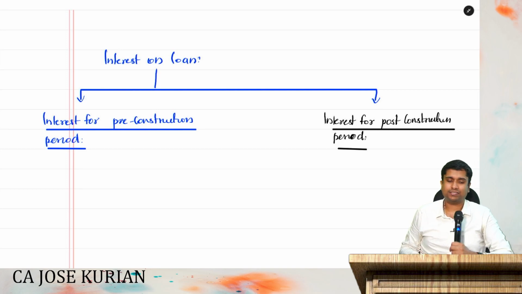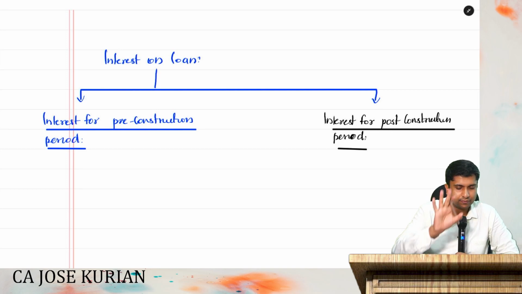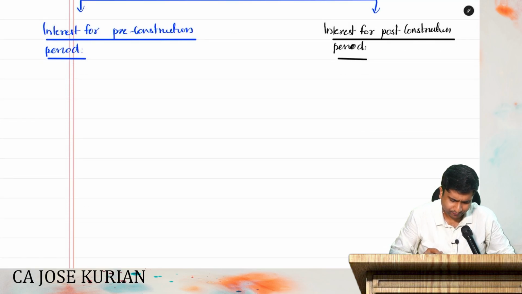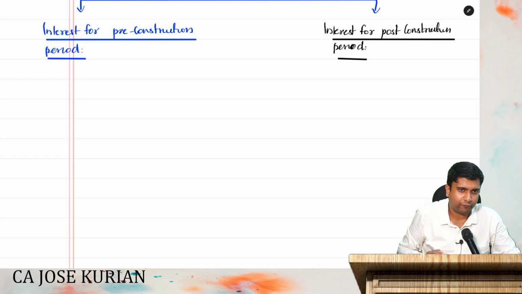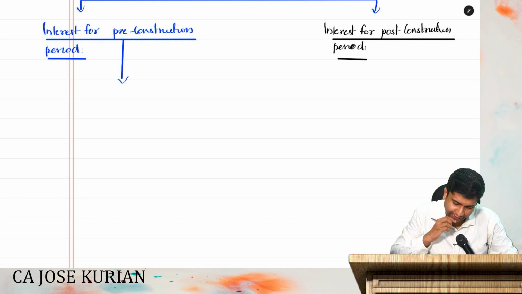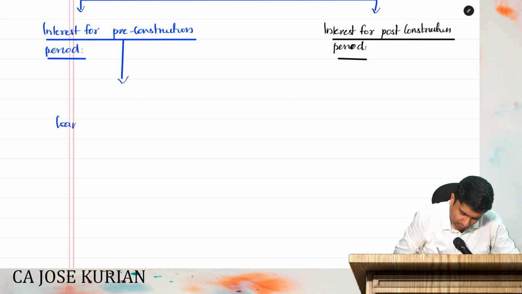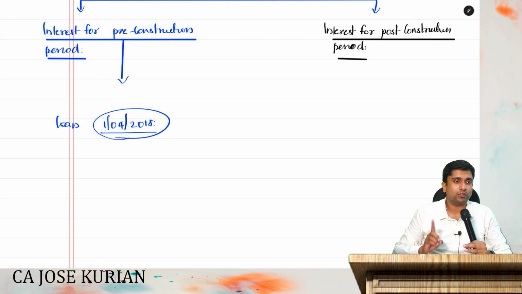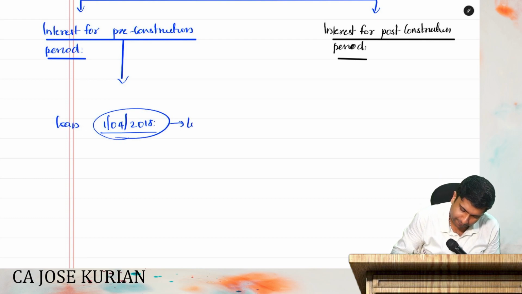So let's understand what is this pre-construction period and post-construction period. Let me give you an example for pre. Say I have taken a loan on 1st April 2018 for construction of a property.